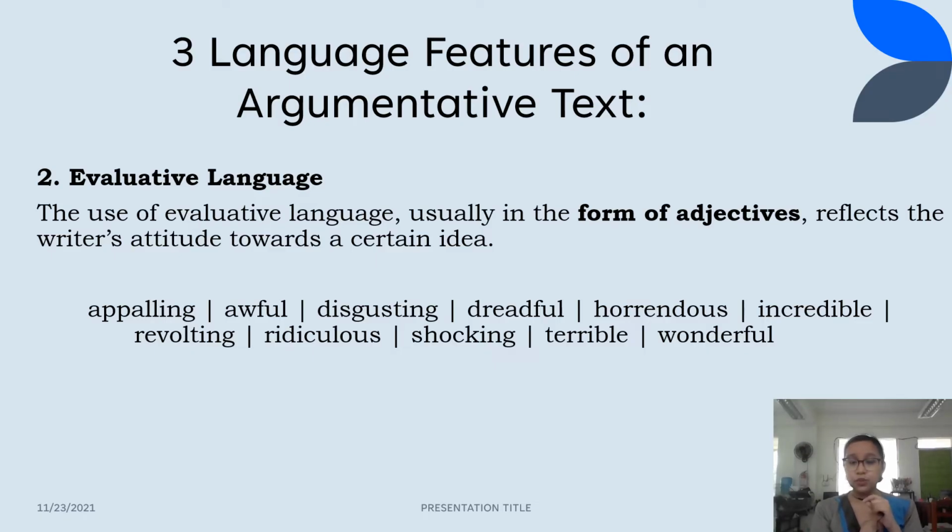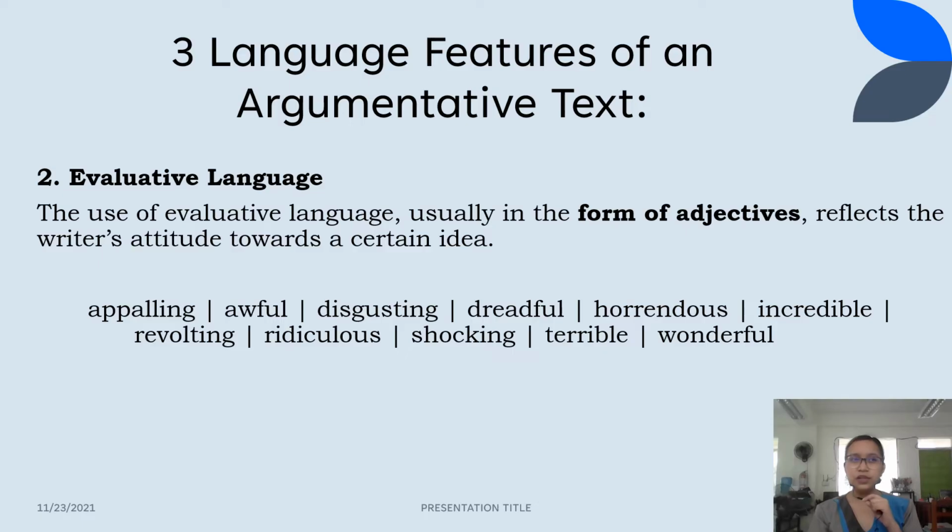So, this one, itong evaluative, mas asserted. So, it says here, appalling, awful, disgusting, dreadful, horrendous, incredible, revolting, ridiculous, shocking, terrible, wonderful. So, ito ay mga adjectives at gumagamit din tayo nito sa argumentative text kagaya ng sa persuasive text.